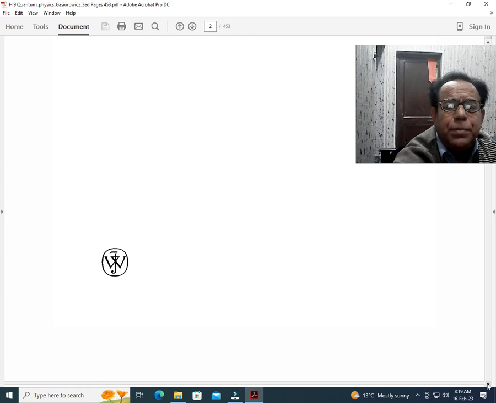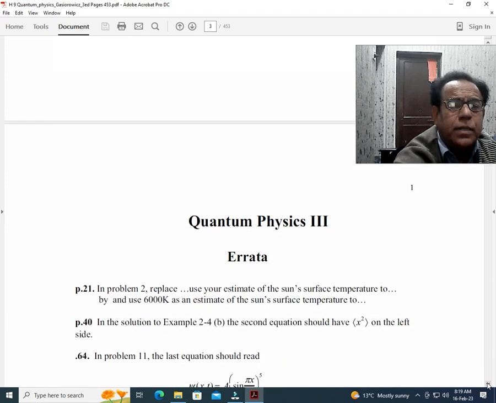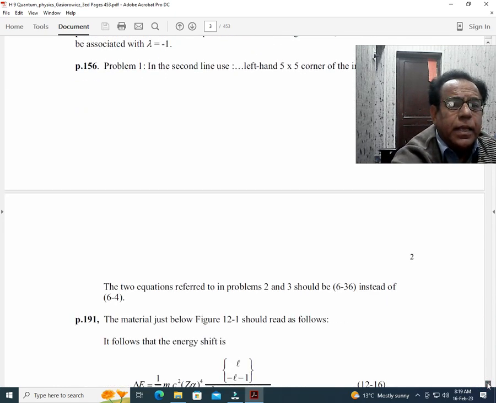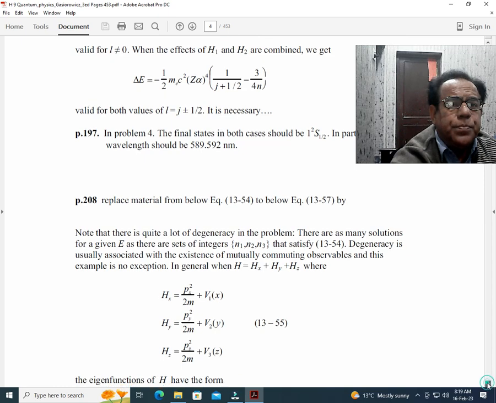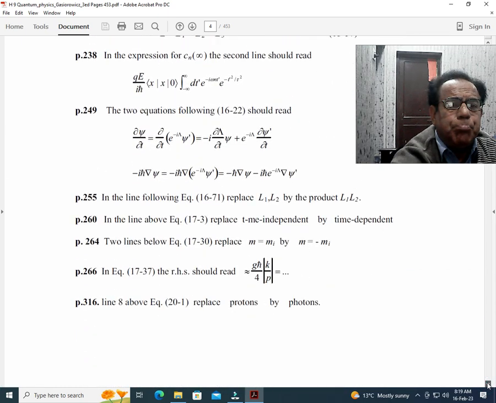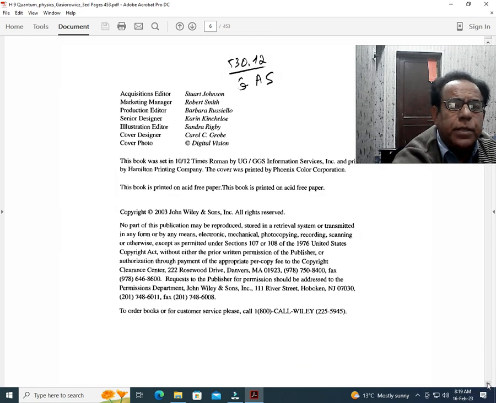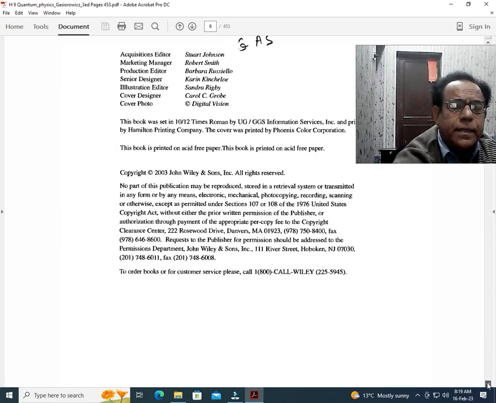Perhaps here the C may be silent, Gasiorowicz, but I am not very clear at this point. Anyhow, copyright 2003, John Wiley and Sons.